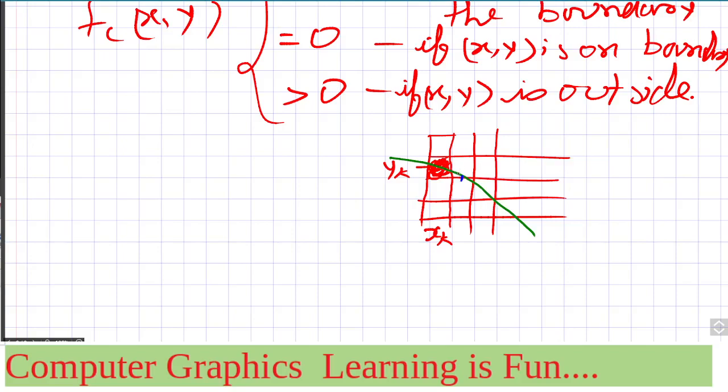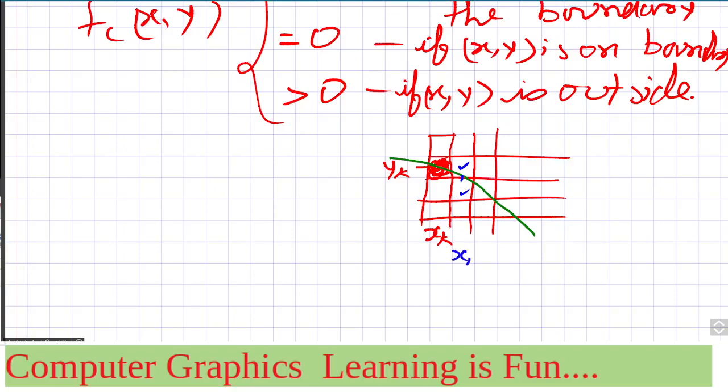You have to understand, we are going according to the midpoint. Now you have to guess what will be the next pixel, either this or this, right?